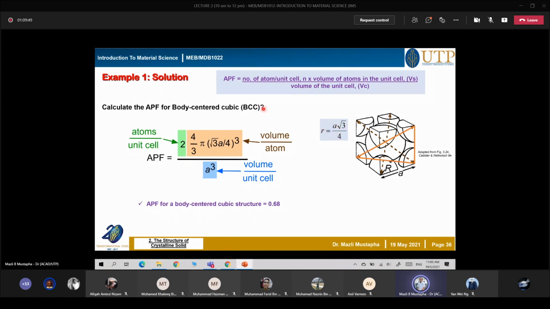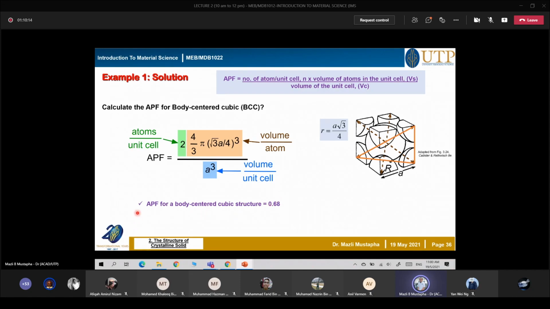We just substitute it here. And then we know that the volume of the unit cell is always a³, because we deal with this cubic system. Then we just substitute it, and we get this one, volume 0.68.